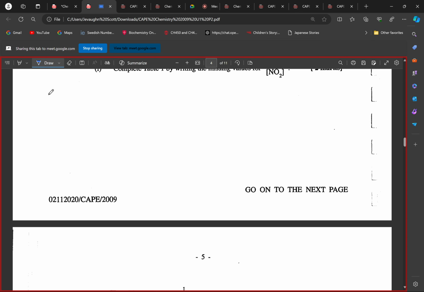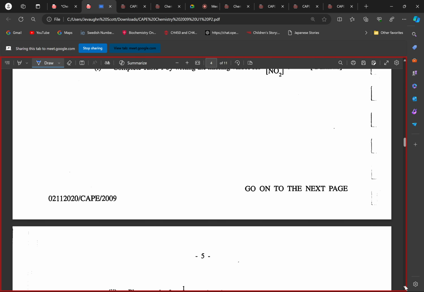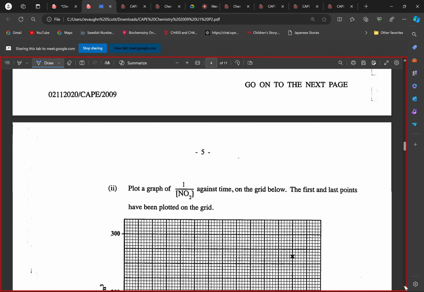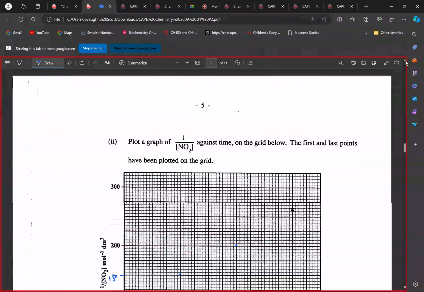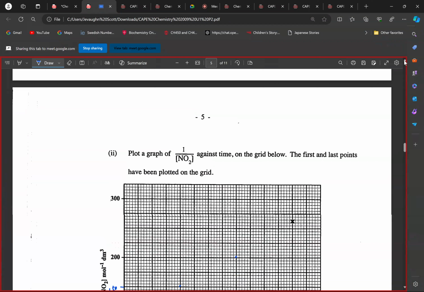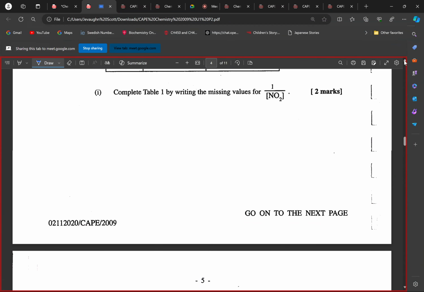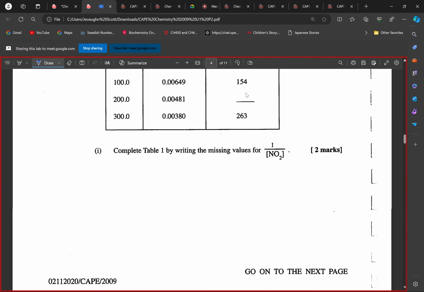Zero order would be a straight line. In this case, no, right? We're looking at concentration time graphs, not a rate concentration graph. So that will not be zero order. What will zero order reactions look like in concentration time graphs? There's a difference.